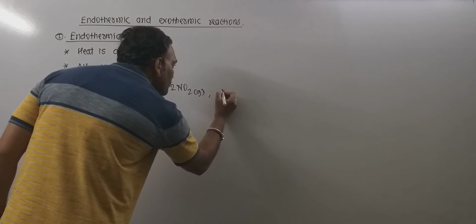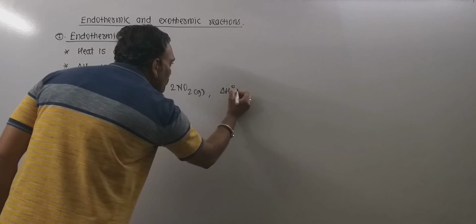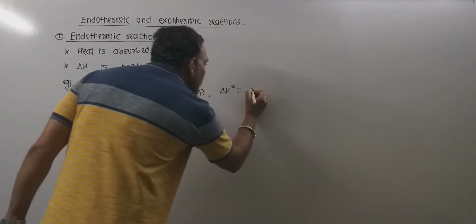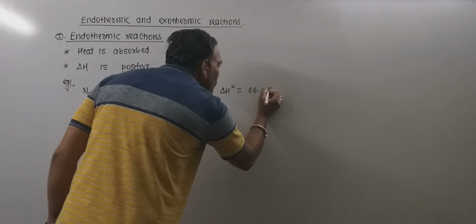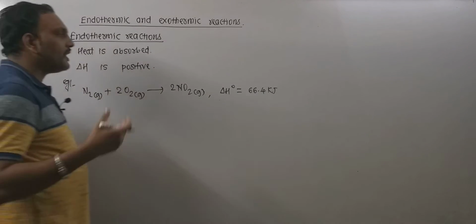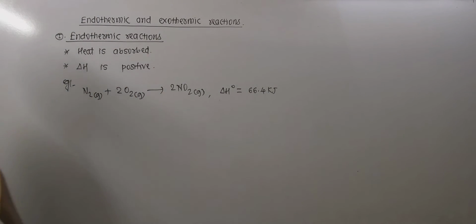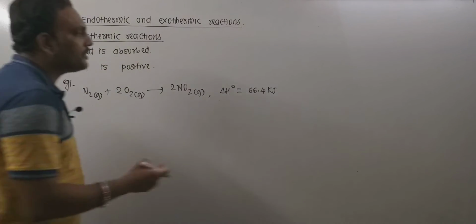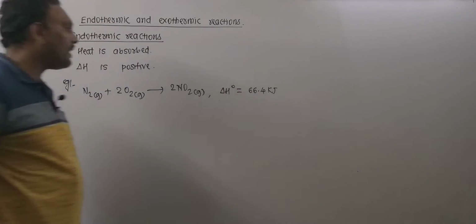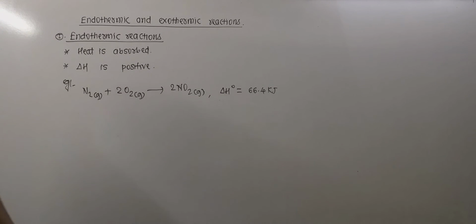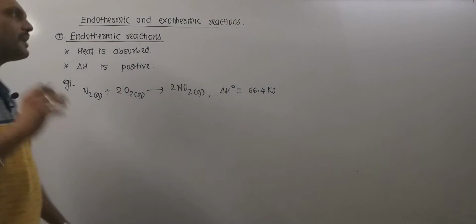During the course of this reaction, the amount of heat absorbed is found to be 66.4 kilojoule. Thus the net heat of reaction, that is the enthalpy change of reaction, is 66.4 kilojoule. Now this is a positive value as the enthalpy of product is greater than that of reactant.